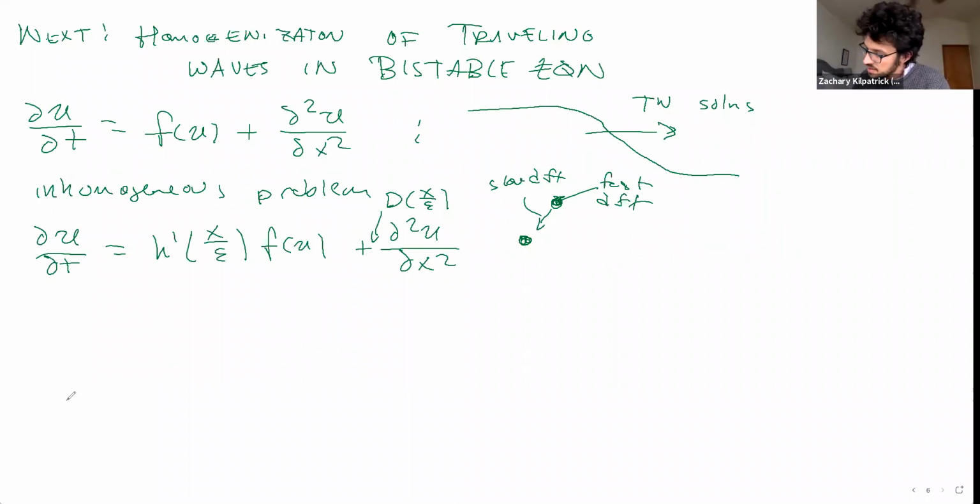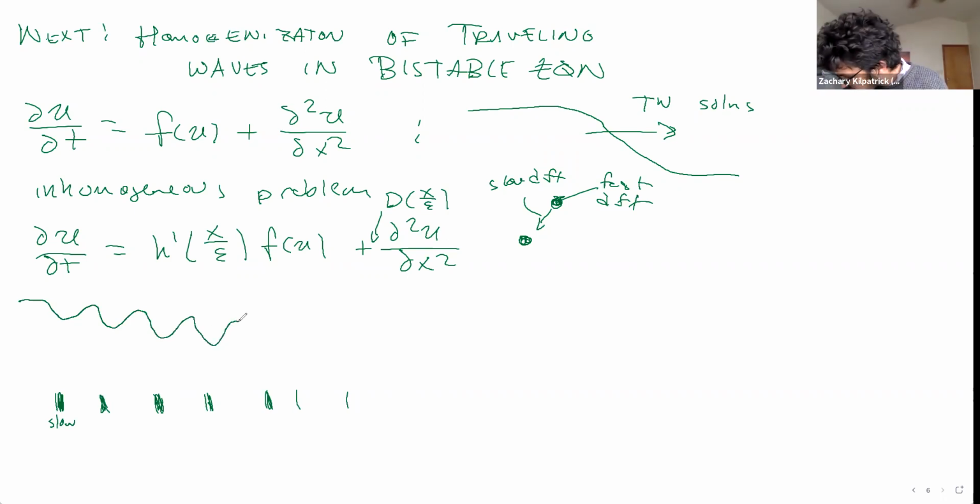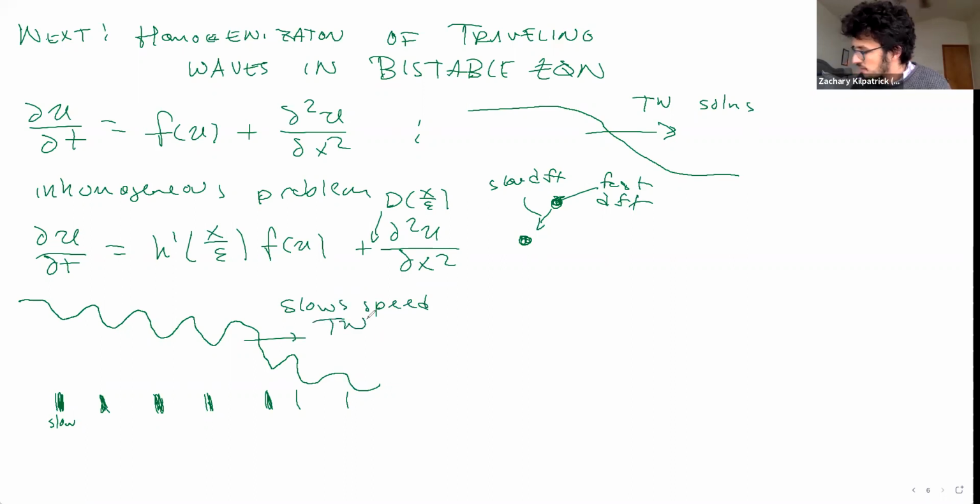And the idea is that if you have slow diffusion here and fast diffusion otherwise, then it gets harder to propagate across these gaps, and that's going to slow the speed of the traveling wave.